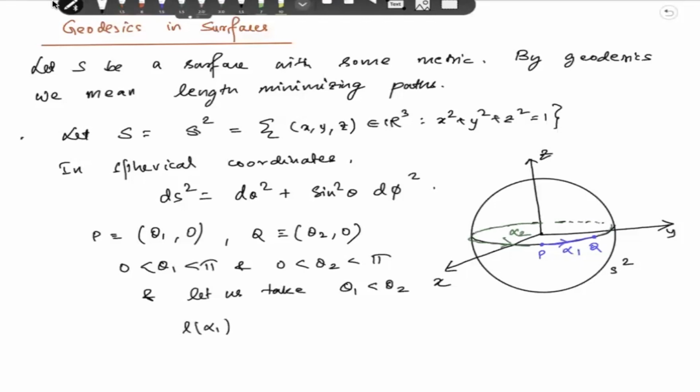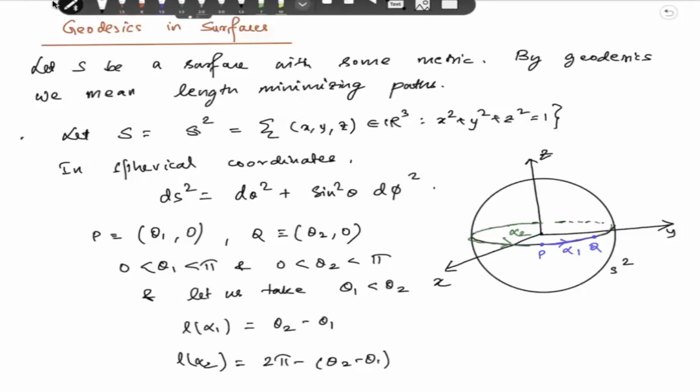You can compute this from the formula d s square equals d theta square plus sine square theta d phi square. Since phi is constant, d phi is 0. Therefore the length of alpha 1 is the integral from theta 1 to theta 2 of d theta, which is theta 2 minus theta 1. And the length of alpha 2 is 2 pi minus (theta 2 minus theta 1).